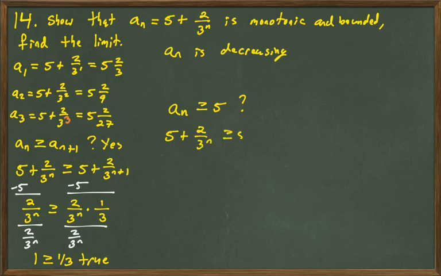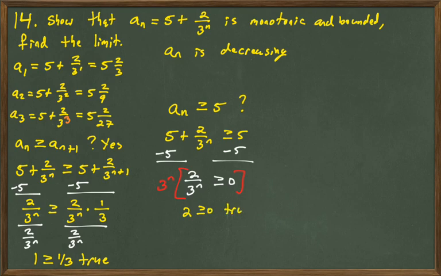We want to know, is that greater than or equal to 5? Well, we can subtract 5 from both sides. And 2 over 3 to the n, is that greater than or equal to 0? That's certainly true. If you want to keep going, we could clear the fraction. Is 2 greater than or equal to 0? That's certainly true. And so we have verified that this is bounded from below.